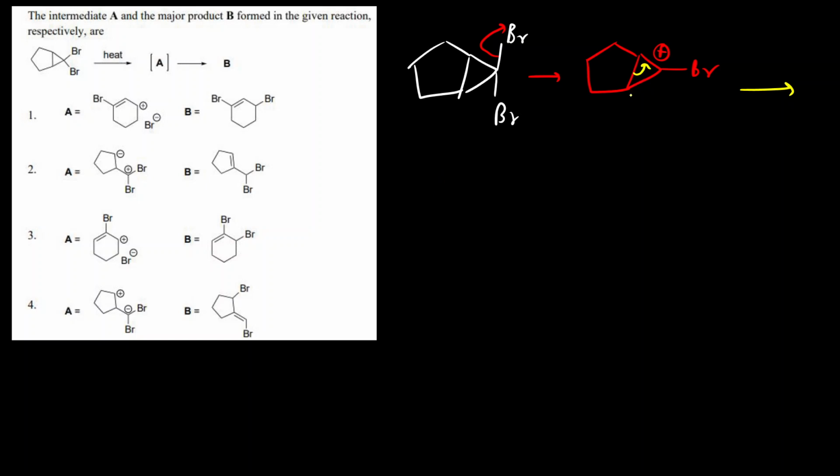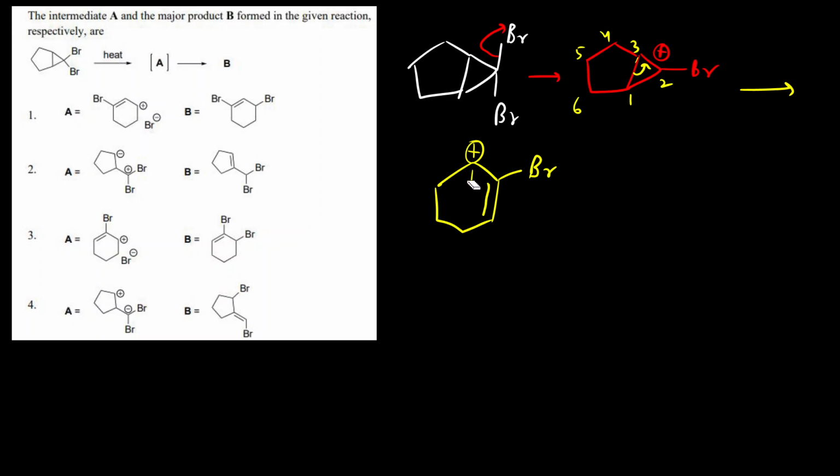Let us number this: 1, 2, 3, 4, 5, and 6. Now this 1 and 3 bond is breaking, so there will be a positive charge at the first carbon. Then between the second and third there is formation of a double bond, so here I will draw a pi bond, and at the second carbon there is Br.